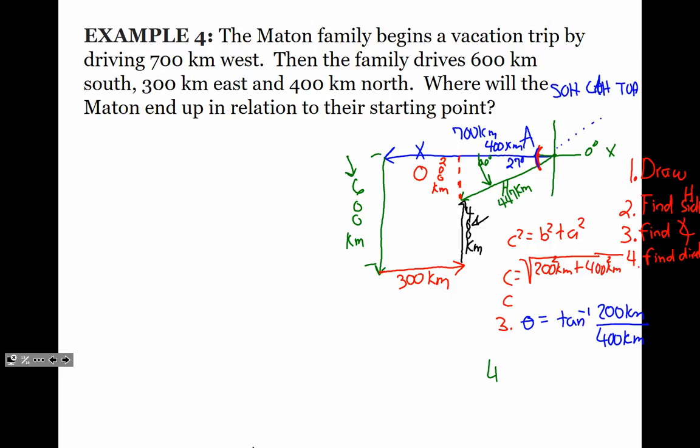So it is away from 0 degrees. So that means if it's away, I'm adding. Okay, but look at what quadrant that I'm in. So looking at that quadrant, in that particular instance, we are going to add the angle to 180.